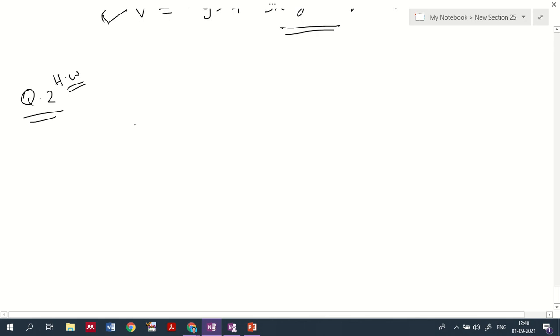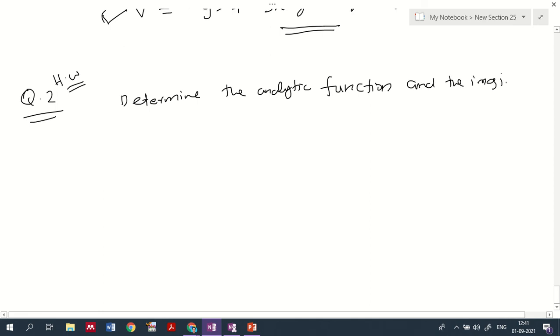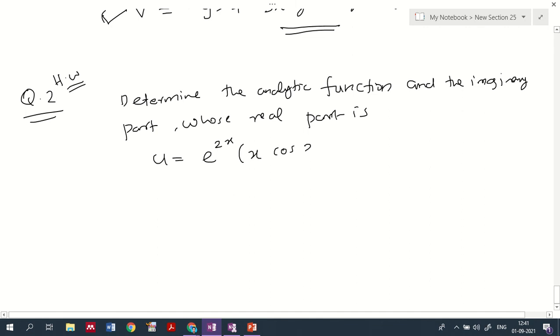So what you want to do is determine the analytic function and the imaginary part whose real part is u equal to e raised to 2x into x cos 2y minus y sin 2y.